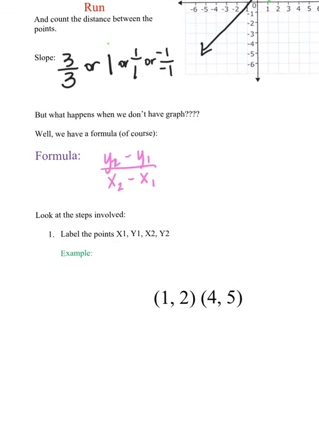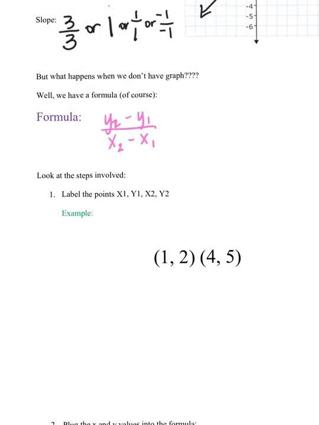Okay. y2 minus y1 over x2 minus x1. So let's check out the steps involved. So the first thing I like to do is label the points x1, y1, x2, y2.